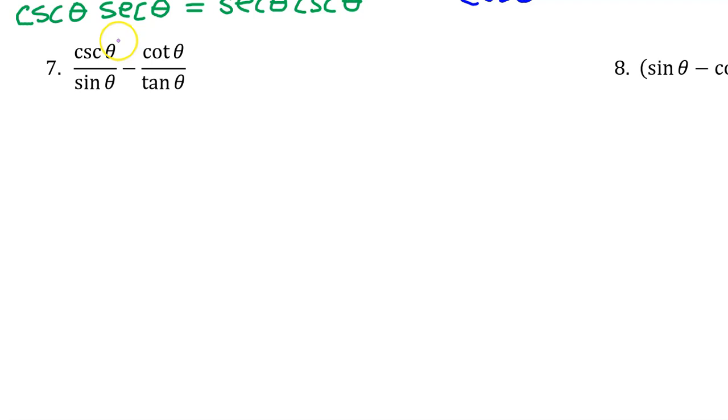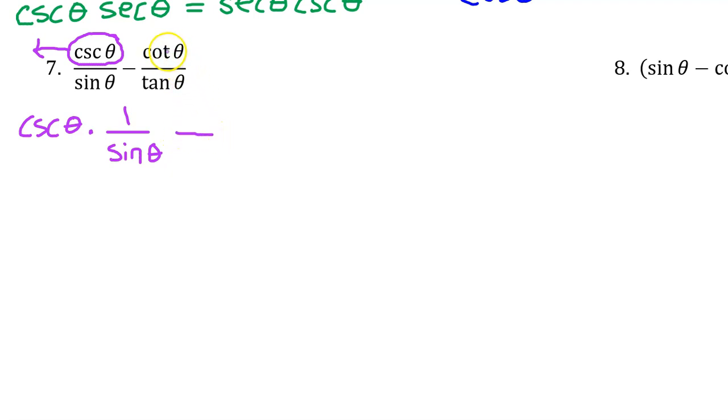For example, what if I took the cosecant theta and sort of wrote that off to the side? That would leave behind, so we would have cosecant theta times 1 over sine theta. Can you see how this is the same as cosecant theta over sine theta?